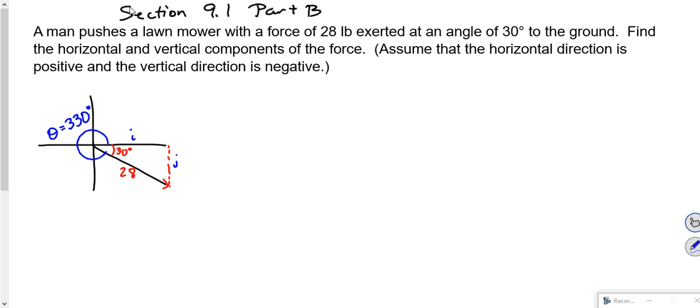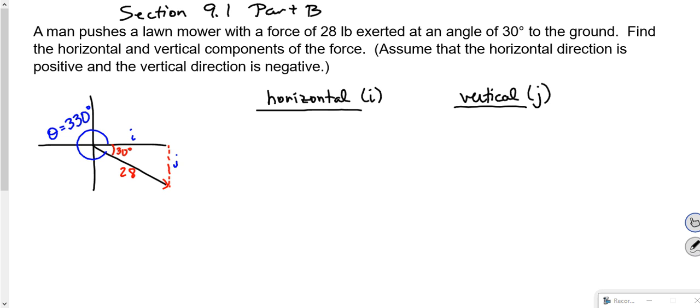Okay, so if we set that up, again, remember, horizontal, which is our I, and then our vertical, which is our J. So here's the formula, remember, for horizontal.